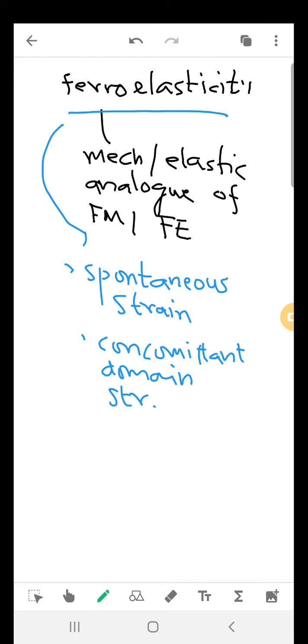The word concomitant means an event which is naturally occurring.